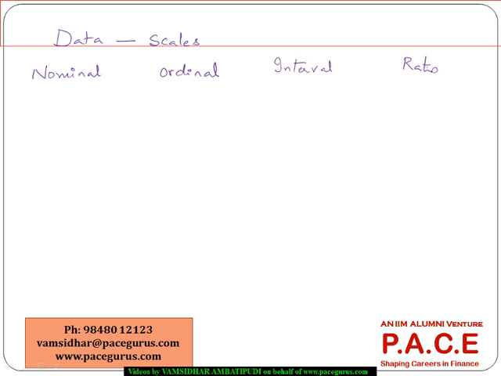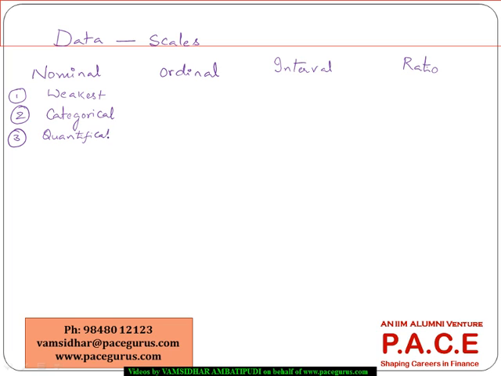So there are typically four different measurement scales for looking at the data. When I am looking at the nominal scale, it is probably the weakest, because this is purely textual or categorical data, where I am assigning some quantification to the categorical data.